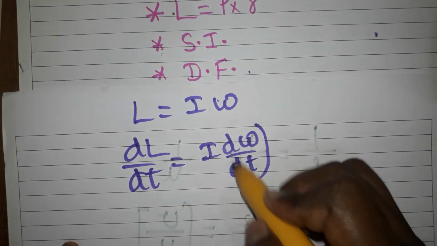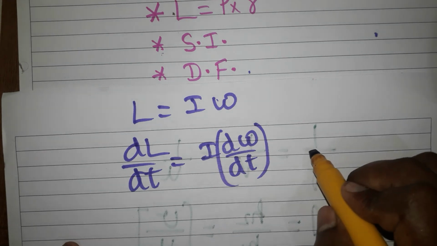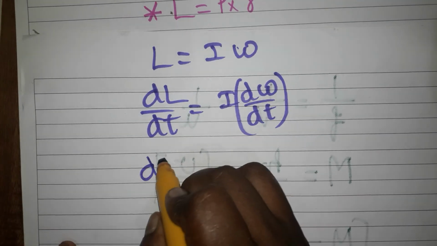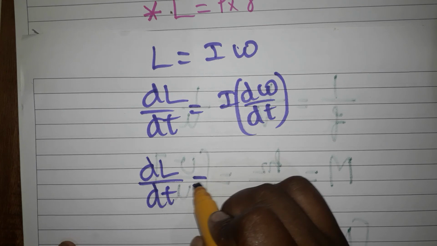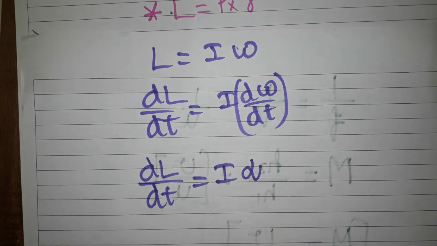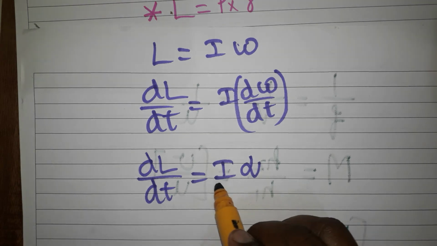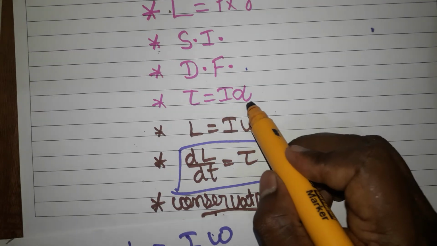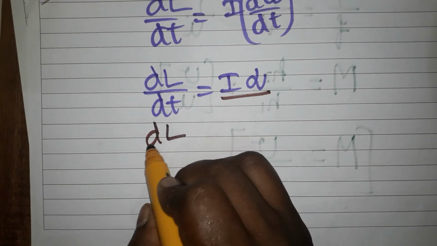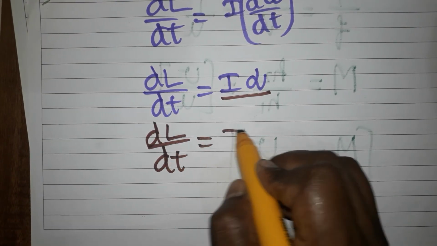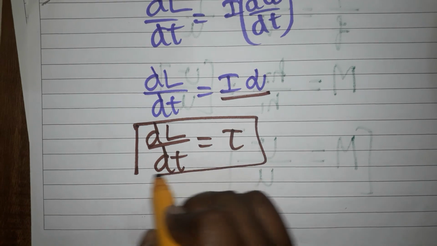Angular velocity by time is alpha, angular acceleration. So dL by dt is equal to I alpha. What is I alpha? We already know I alpha is torque. So dL by dt is equal to torque. Now I got it like this.